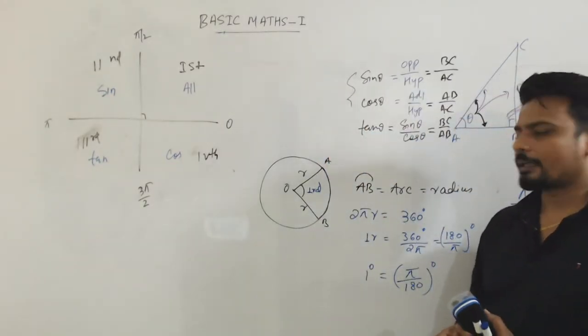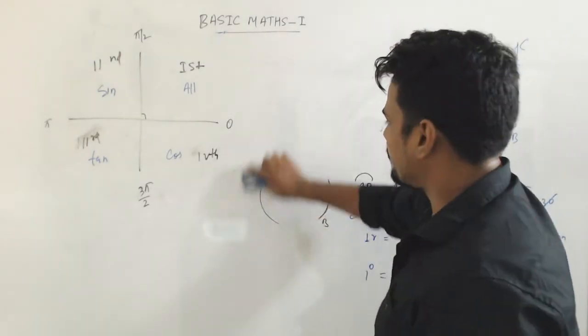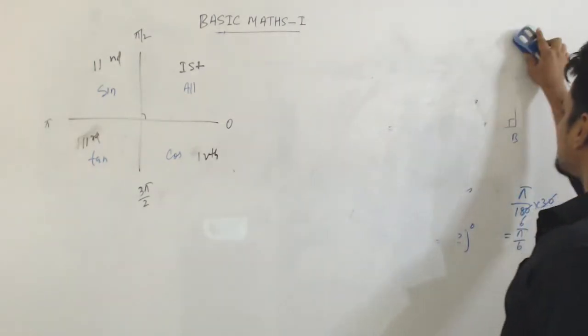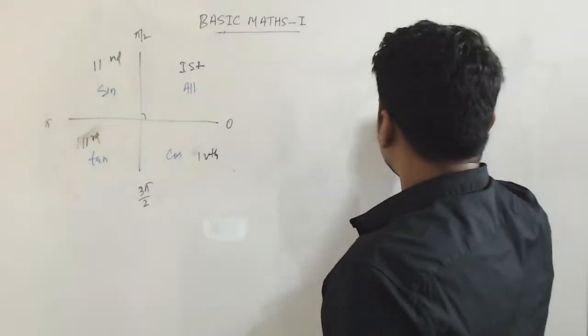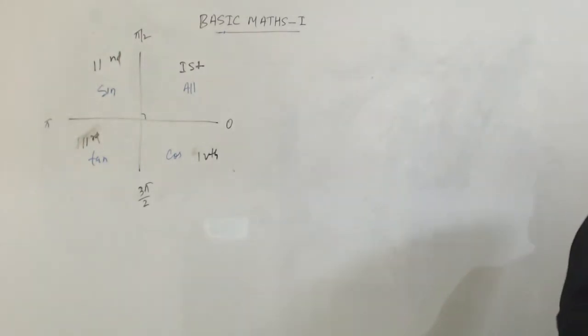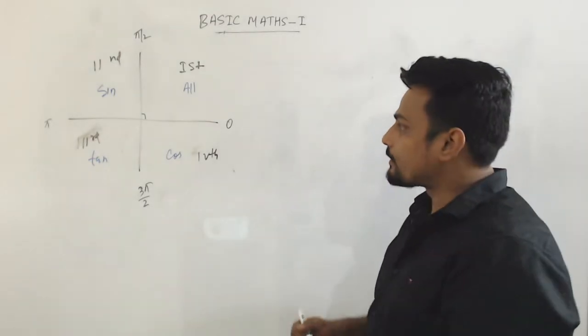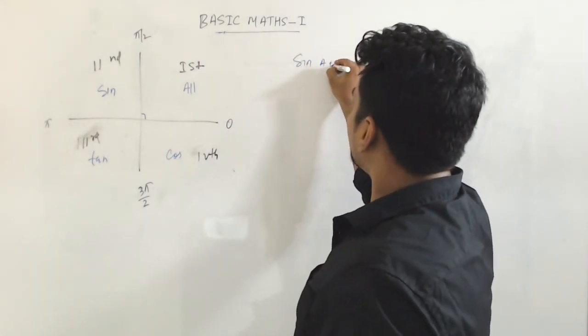Now how is it important to you? Well, there are going to be situations in physics where you have to convert angles. Let me help you understand the conversions, and then we're going to move into some important formulae. Before I get into the conversion, I'm going to share a couple of formulae relevant to it. So let's say sine of a plus b.